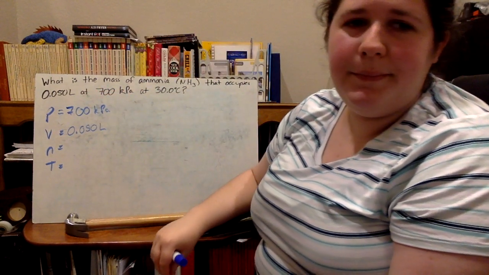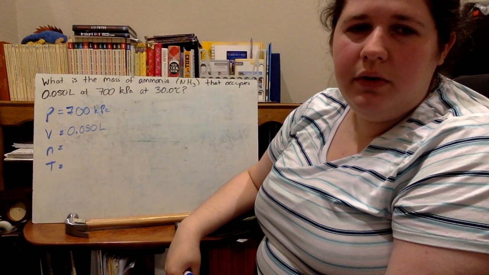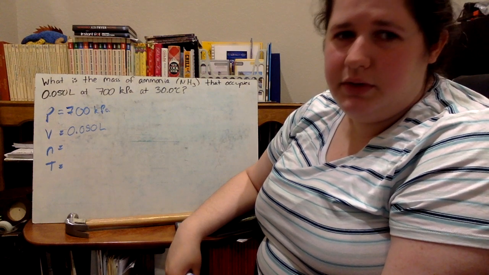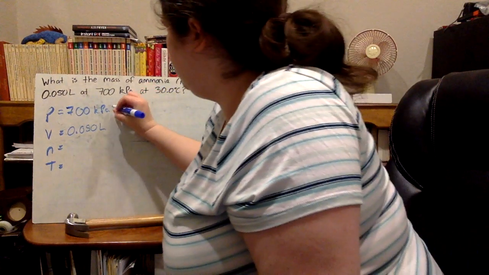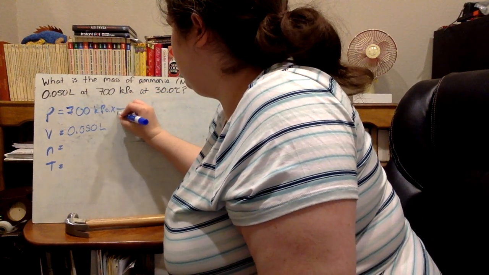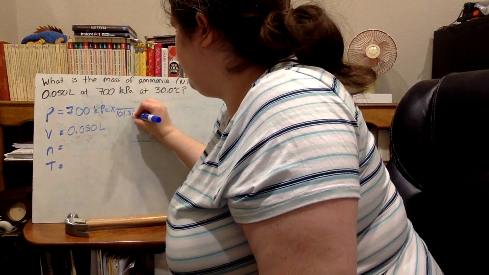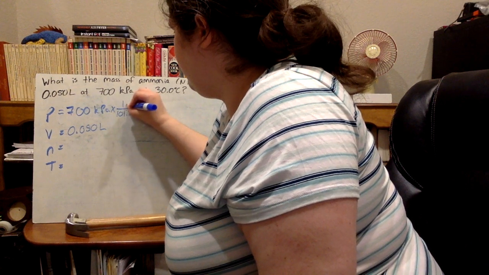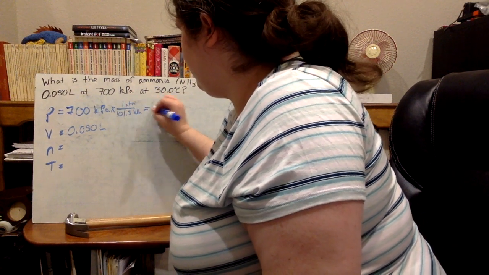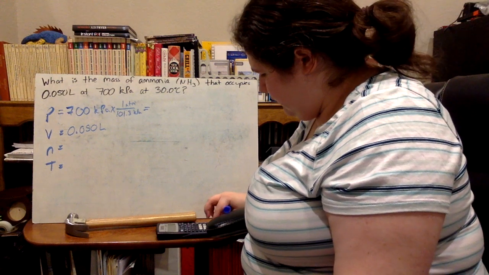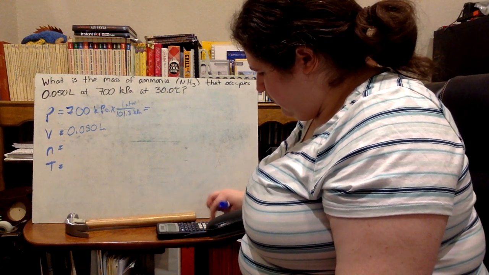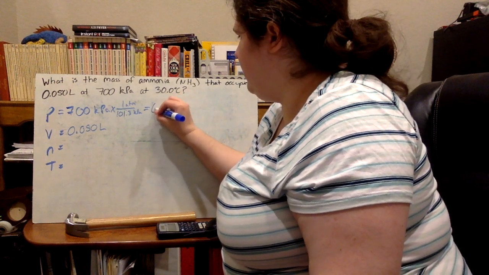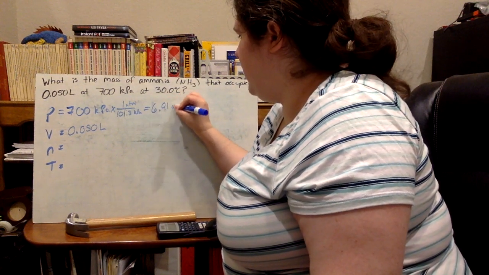This is a problem. Whenever we're using our R value, we need pressure in atmospheres. So we're going to have to convert kilopascals into atmospheres. So 6.91 atmospheres.